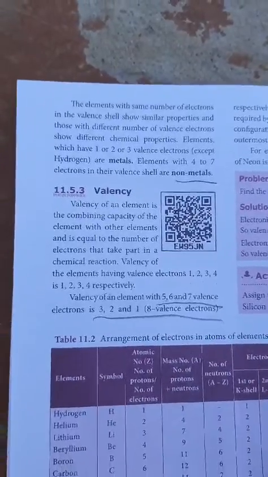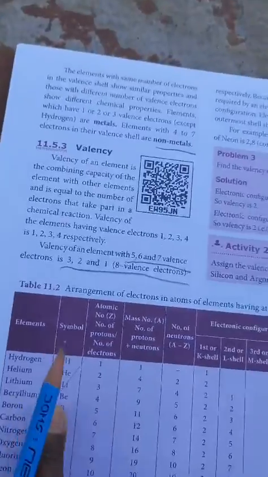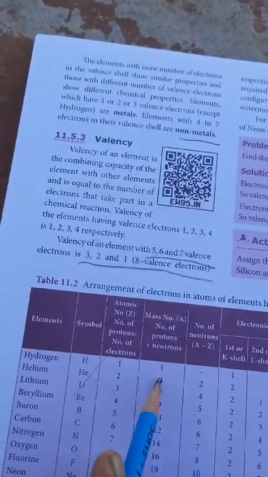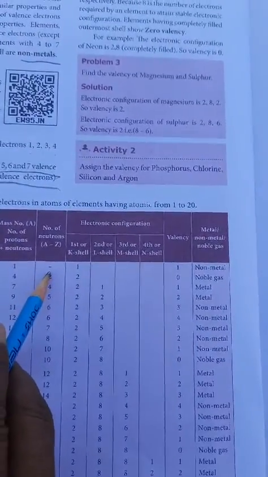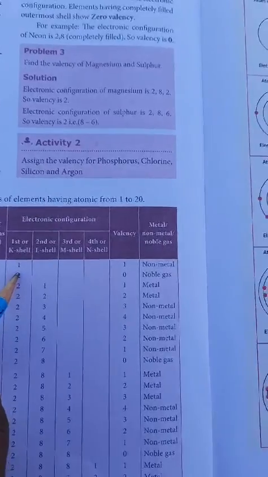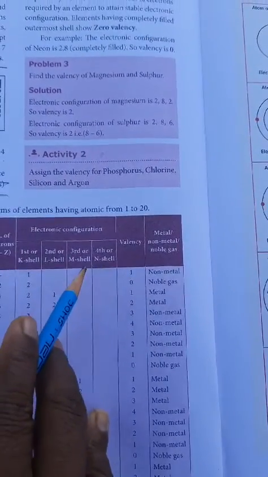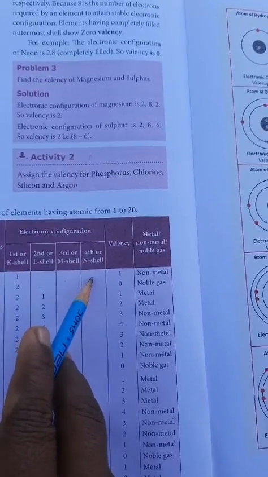Arrangement of atoms for elements having 1 or 2 electrons. Hydrogen: atomic number 1 and mass number 1, number of neutrons A minus Z is equal to 0. First or K shell 1, second or L shell no electrons, M shell no electrons, N shell no electrons.